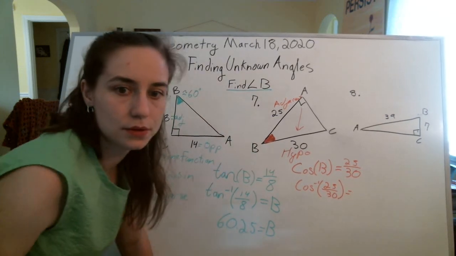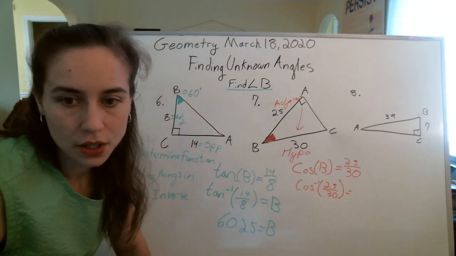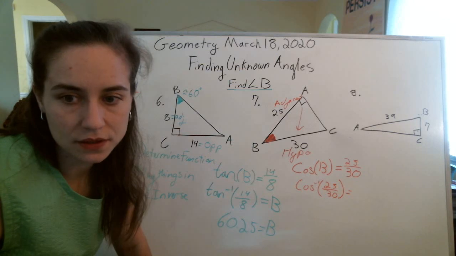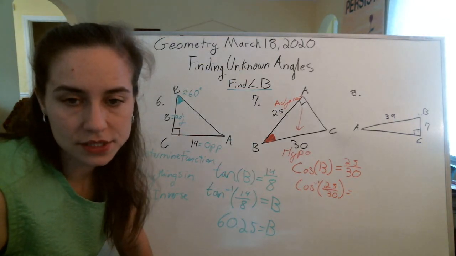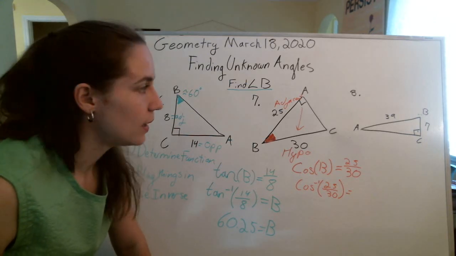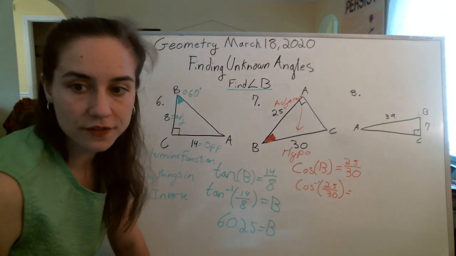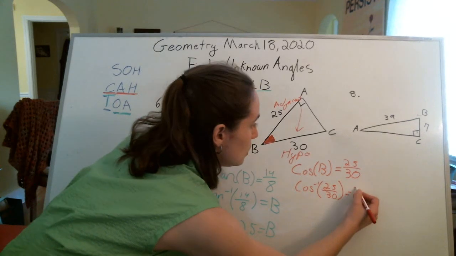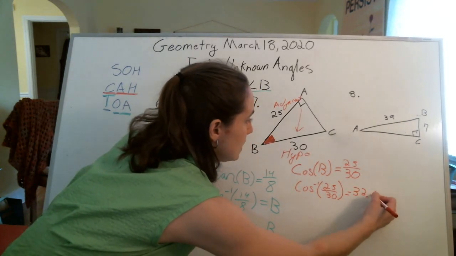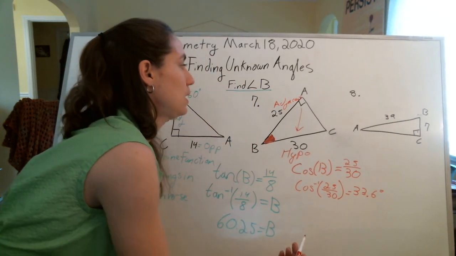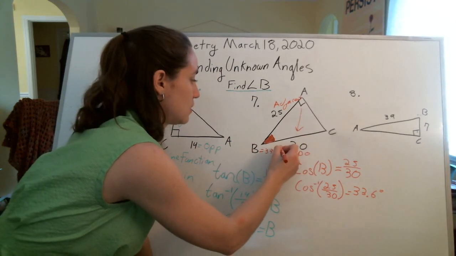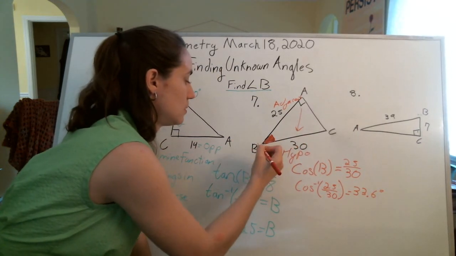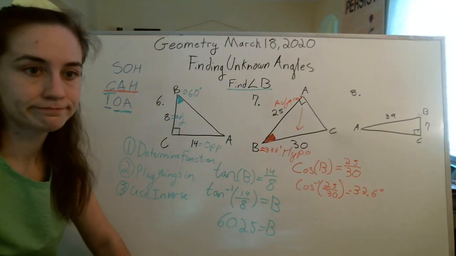So cosine inverse 25 divided by 30, and then we close parentheses. You don't have to. And we get 33.557. So I'm going to say that's 33.6 degrees, about. Okay, make sense?